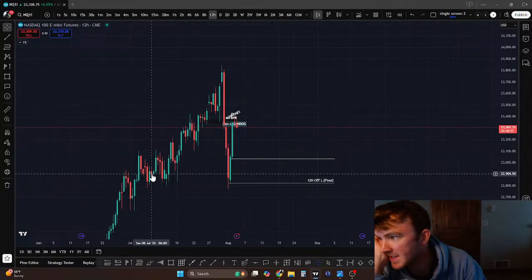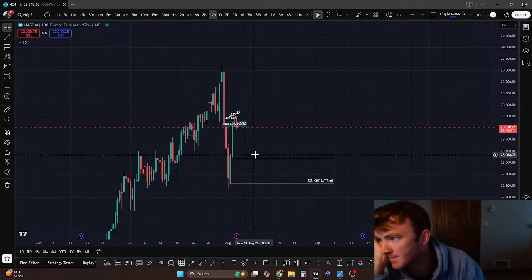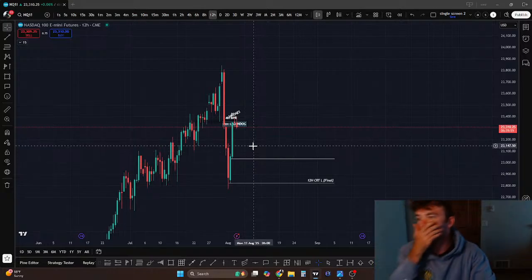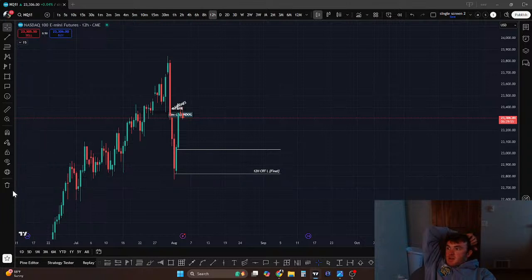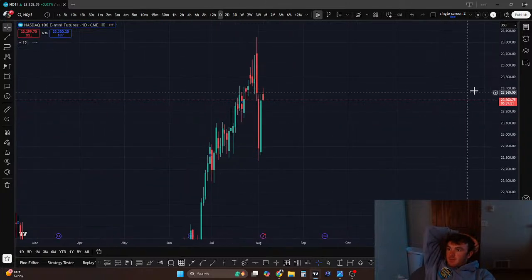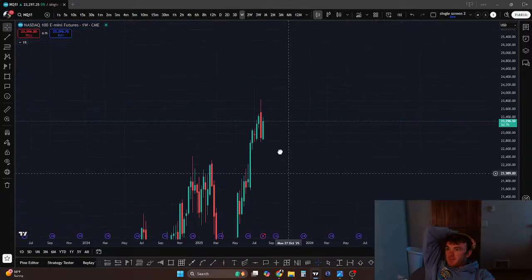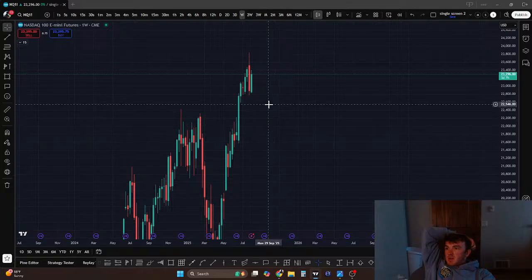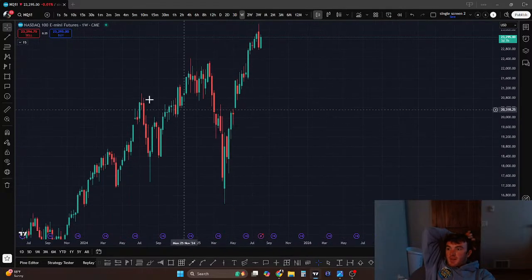You could definitely say this is accumulation, manipulation, and then now we're gonna distribute up. Yeah, maybe I'm a little offside here. Let me zoom out. If I'm not sure, I'm just gonna chill.